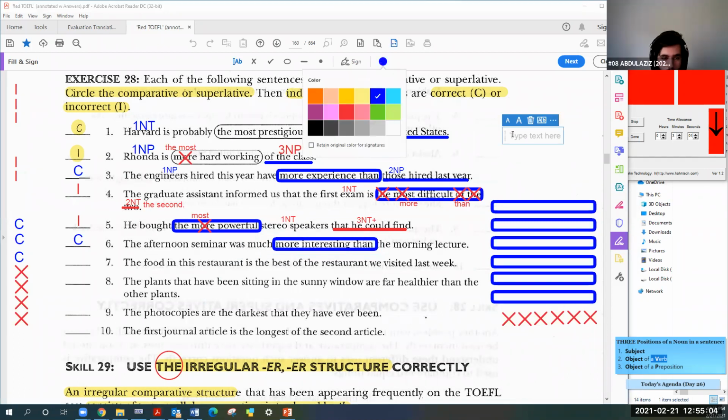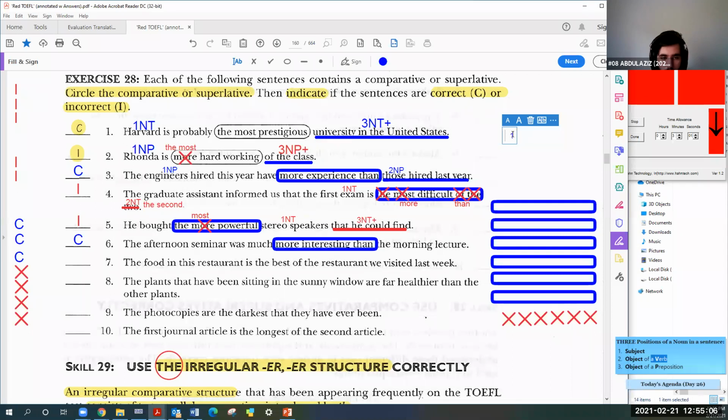The afternoon seminar. We're comparing one thing, afternoon seminar, to what? To a second one, the morning lecture. The morning lecture. There you go. Yep, absolutely correct. This is a comparative.